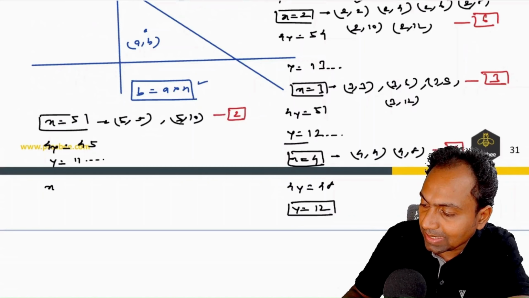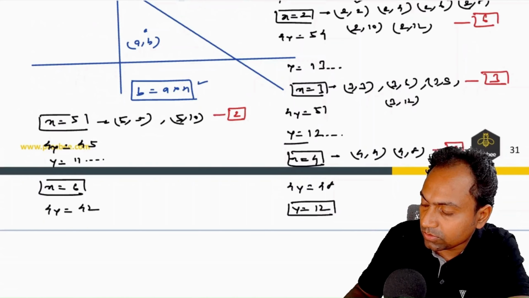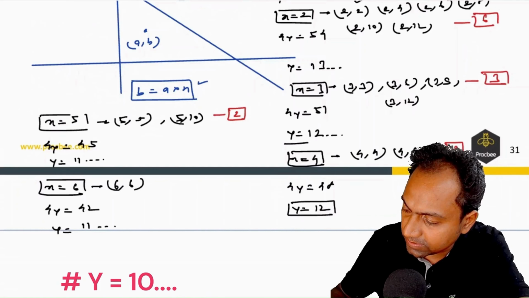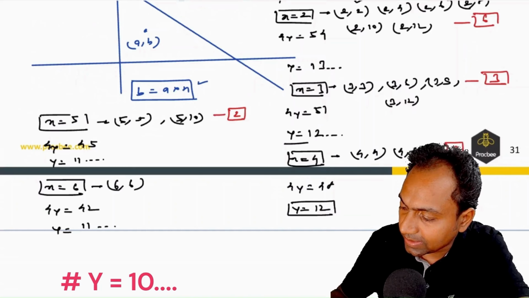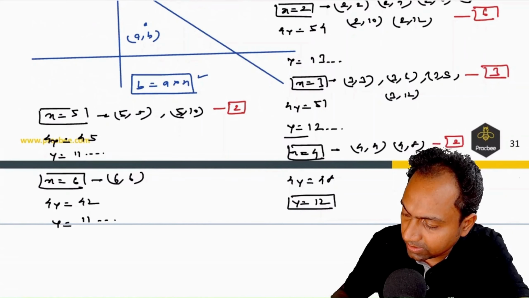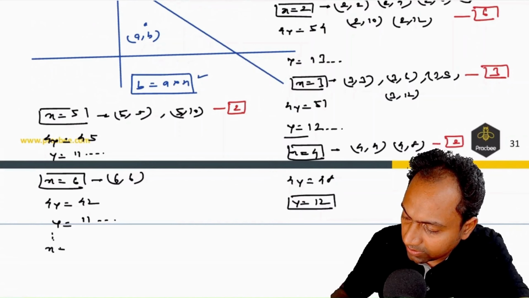Next, x is equal to 6 we can put. So your 4y is 42, again a point something value. So the point becomes 6 comma 6. That's it. And we can go on doing the same thing till x equal to 9.